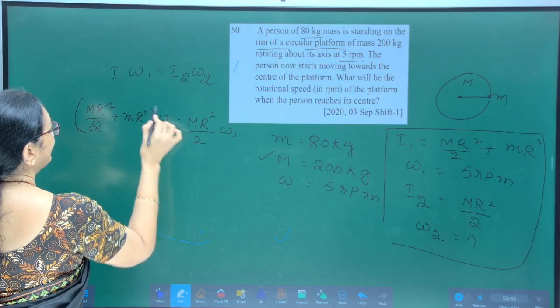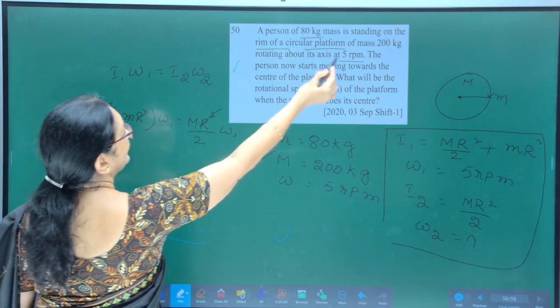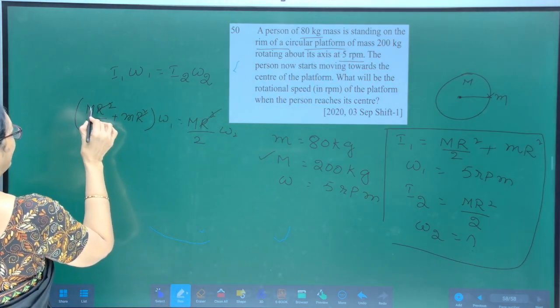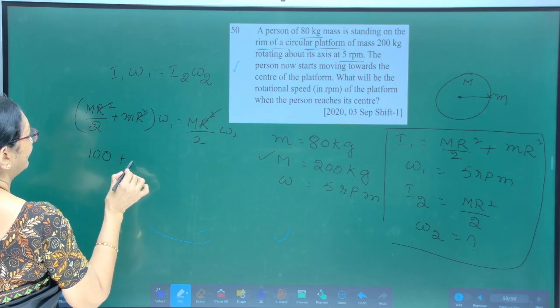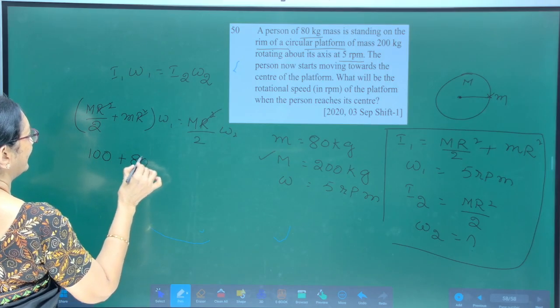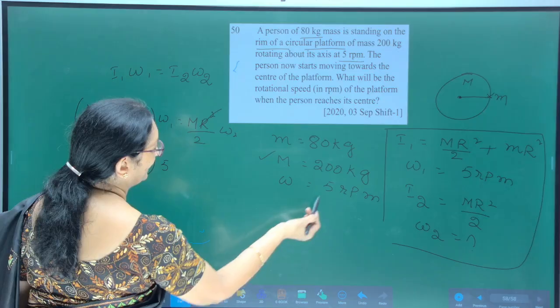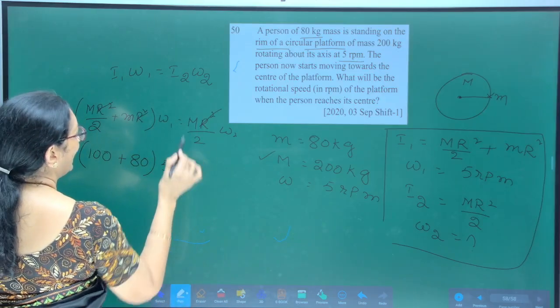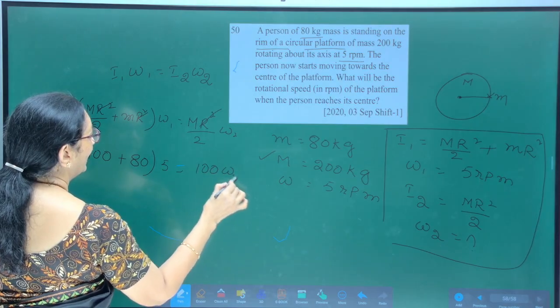So we can take r square as a common factor and cancel it. Mass of the disc is given as 200 kg, 200 by 2 is 100. Mass of the man is given as 80 kg. Omega 1 is given as 5 rpm.